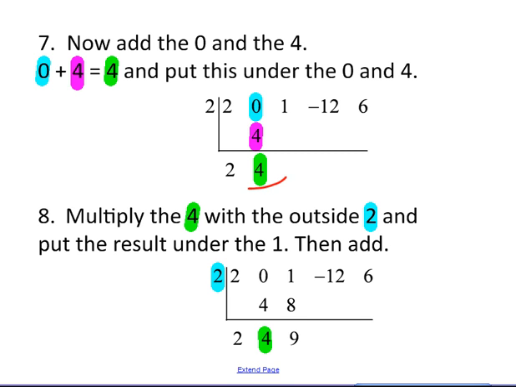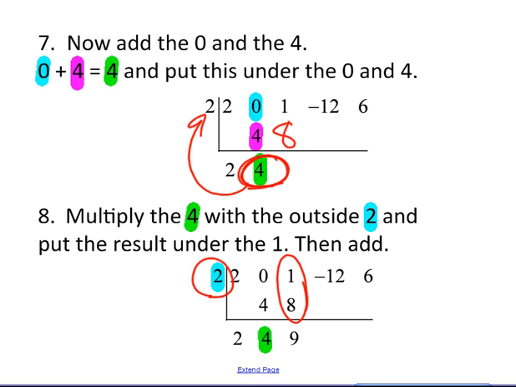So here's my 4. I'm going to repeat this process over and over again, where if the number is below, it gets multiplied by that number there. 2 times 4 then is 8, and I'm going to put the 8 here. The numbers that are inside get added together, so 1 plus 8 is 9. And I'm going to repeat.